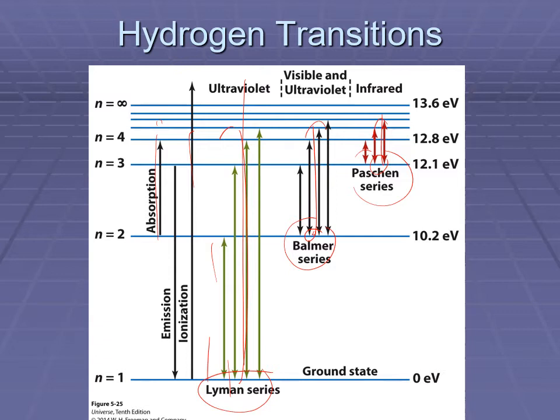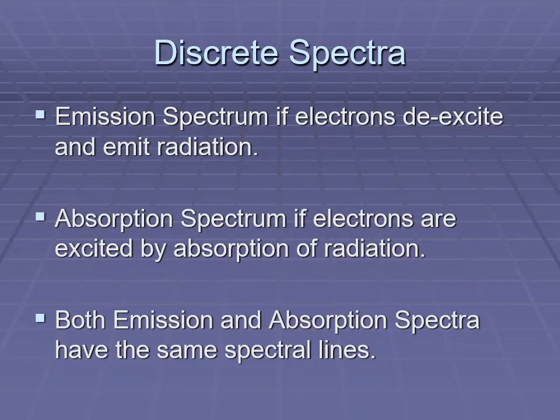And so there'd be these dark lines if you were to look at the rainbow of light that comes through. On the other hand, if the gas was just allowed to give off light, it would give off exactly those colors of light. And so that's the difference in emission and absorption. Emission spectrum, it gives off certain colors of light. Absorption spectrum, it absorbs certain colors. It has to do with the same atoms, so it's the same colors of light.